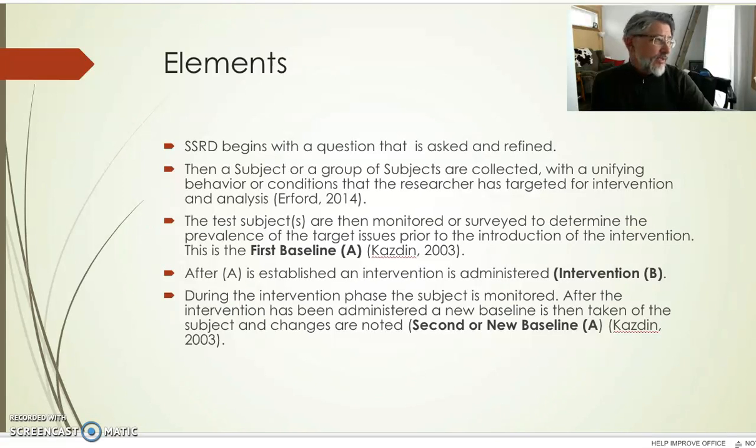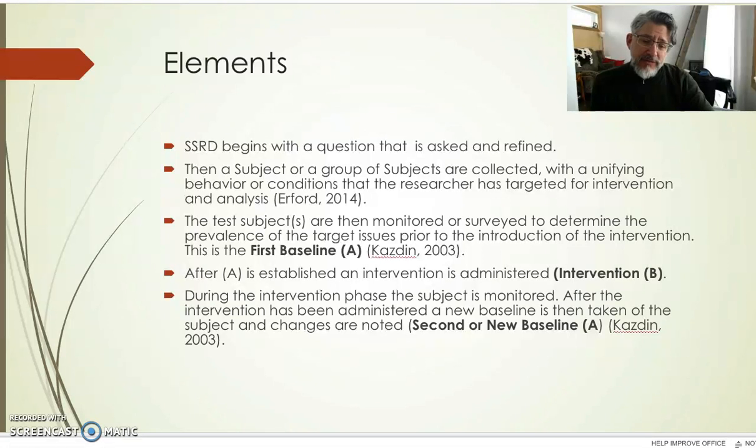Erford talks about that in the textbook. The subjects are then monitored or surveyed to determine the prevalence of the target issues prior to the introduction of the intervention. This is the first baseline, or A, as it's referred to in Kazdin in 2003.